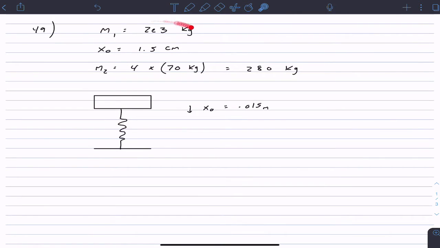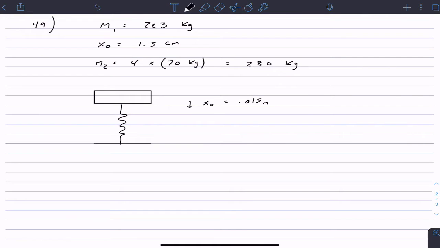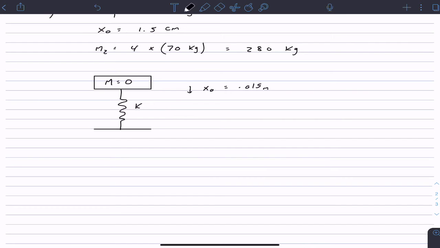So the car weighs this, and it's sitting on the spring, but we're going to model this as the system initially. So we say that there's really nothing going on here. We're going to say that the load here is equal to 0, because the car is just sitting there all the time like that. So this is nothing new, okay? And then this is a spring constant K. We want to find out what that is.